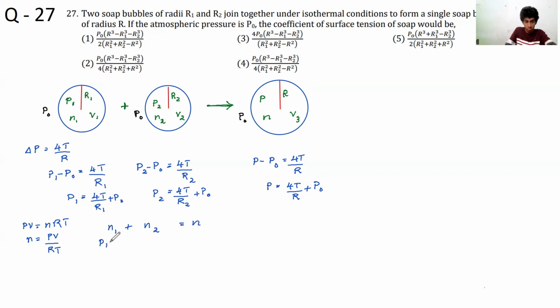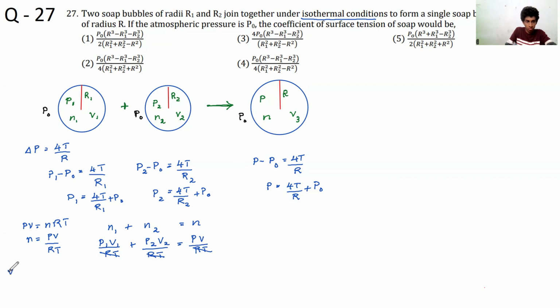So therefore, P1 V1 over RT plus P2 V2 over RT is equal to PV over RT. And as this is done under isothermal conditions, the temperature is the same in all three situations. Therefore, RT, RT, and RT cancel.